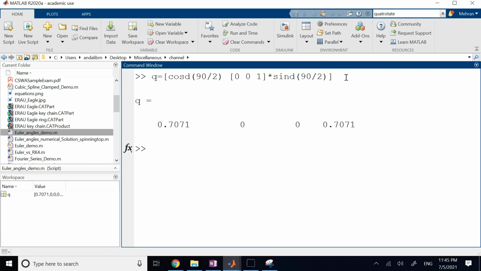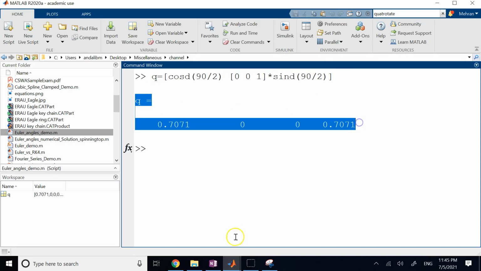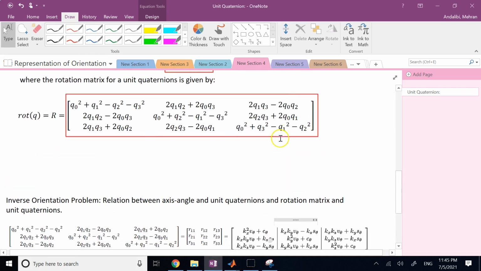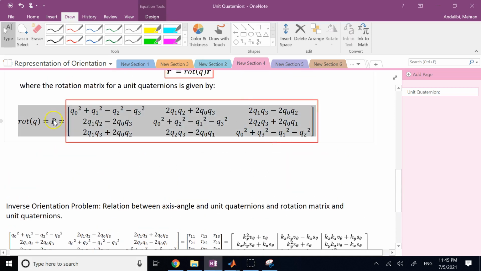Now the question is, how do I know this quaternion is right? If I get a rotation matrix for this quaternion based on this formula, it should give me a rotation Z with angle 90 degrees, correct? If it does, then this formula is working.